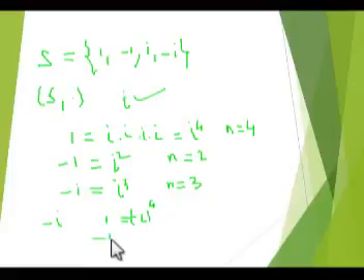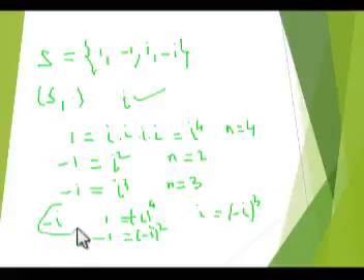Minus 1 can be generated by just taking minus i whole squared, and minus i can be generated by itself taking power 1, and i can be generated by taking minus i cubed. So the interesting thing is that there are two generators, minus iota and plus iota.